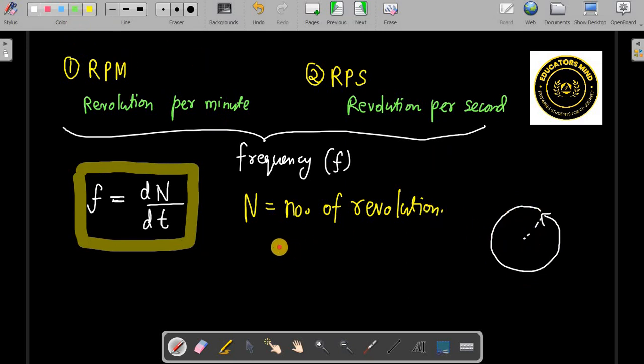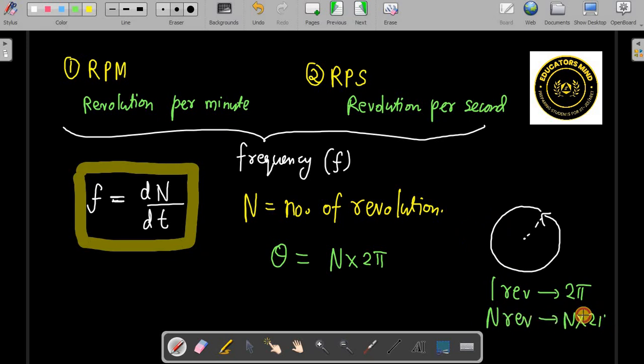So the angle that it will be rotating, angular displacement theta, is equal to n into 2 pi, because in one revolution it goes 2 pi, so in n revolutions it will get n into 2 pi, right? That's the angle it is rotating.